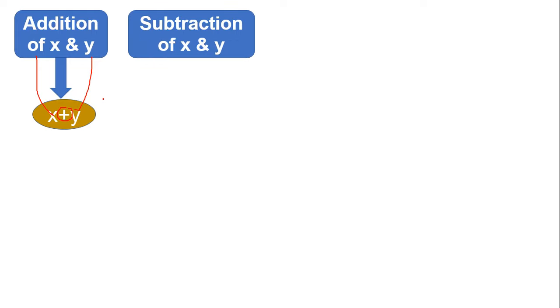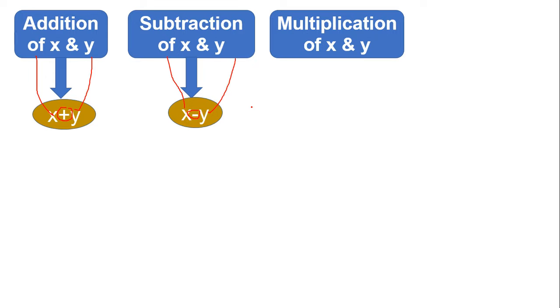Similarly, subtraction of x and y. So what we have here is x, y, and the subtraction of x and y, that is x minus y. Then multiplication of x and y is x cross y or x dot y or simply xy.